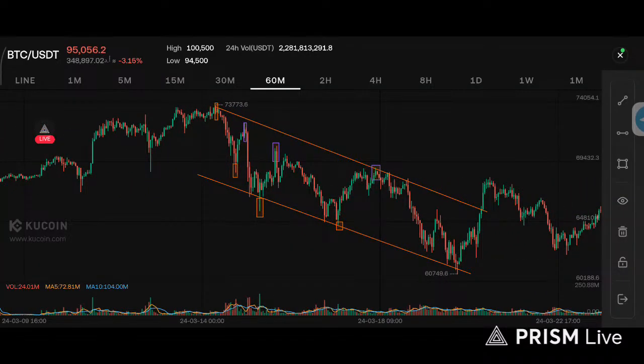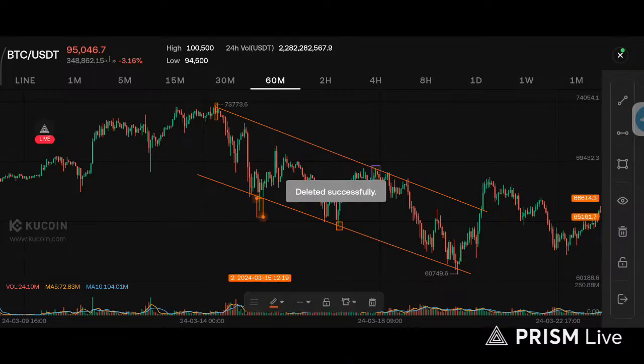So if I've explained the higher low and lower highs, let me quickly talk about the break of structure. I don't really have much time now.